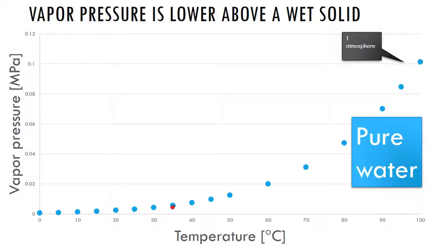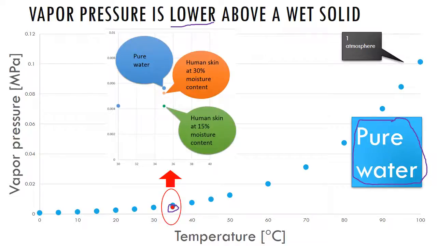We further elaborate the lower vapor pressure above a wet solid using the example of pure water and skin, human skin. Even though I have plotted the data for human skin, which is slightly lower, it's kind of hard to see. So I have expanded this region here, above. So at 35 degrees, we have data for pure water, and then we have data for human skin at two different moisture contents.